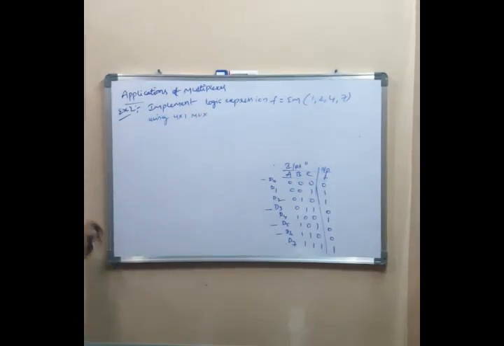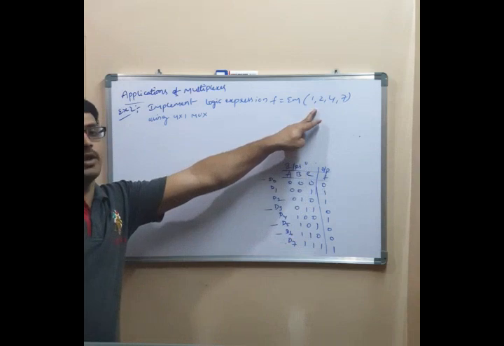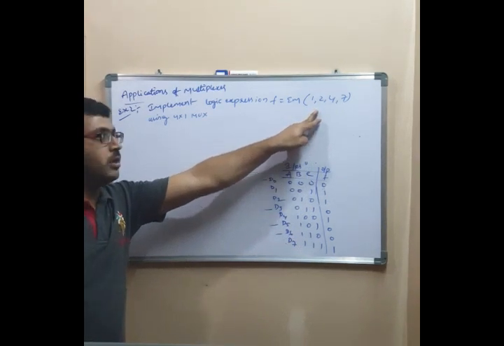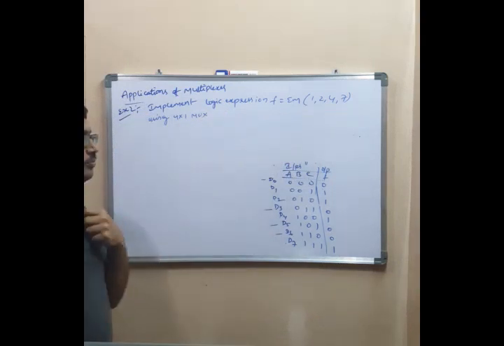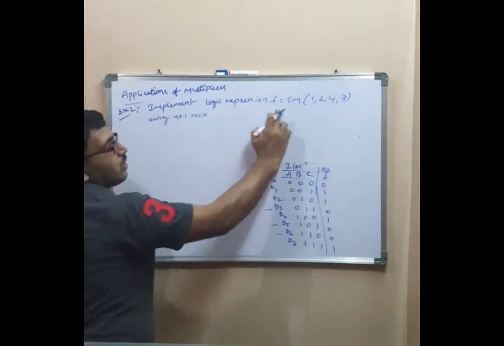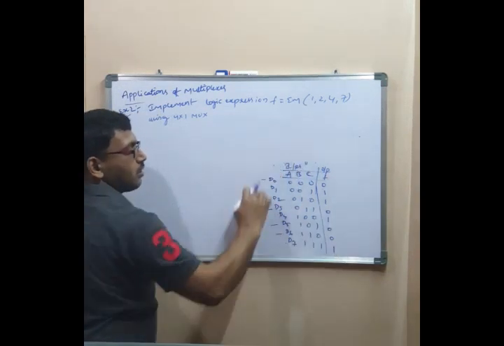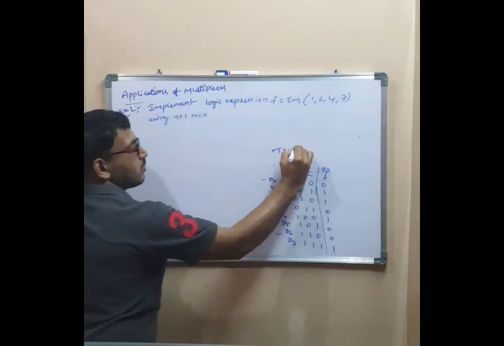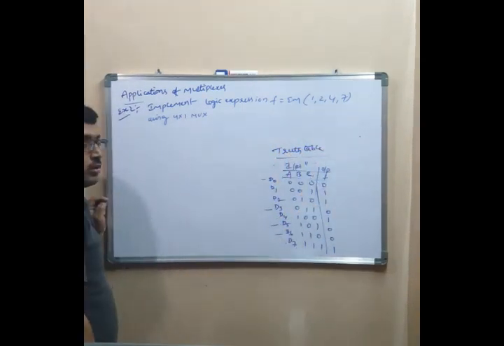So a 4 into 1 mux has only 4 data inputs, right? But in the given function, what is the maximum minterm available? 7. How are you going to implement this function now? First of all, for the given function, you prepare the truth table. This is the truth table for the given function.